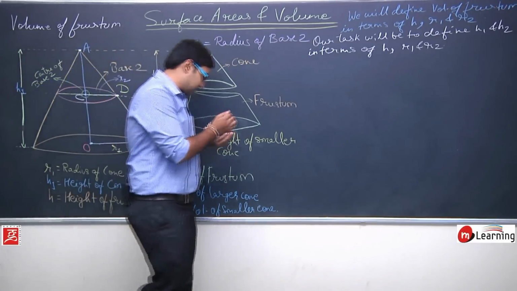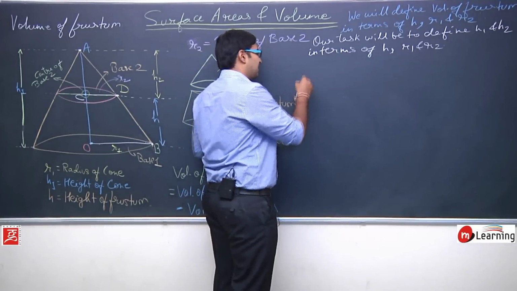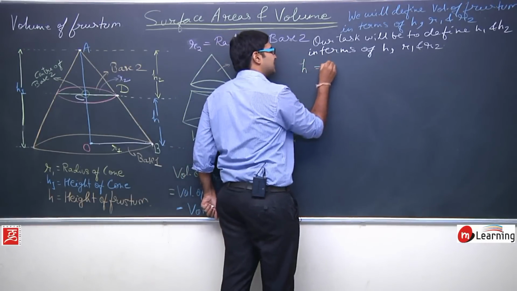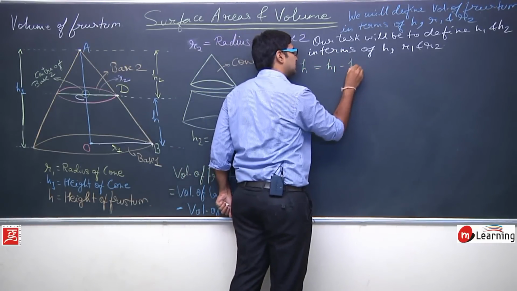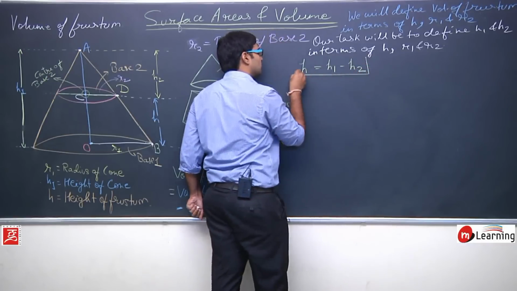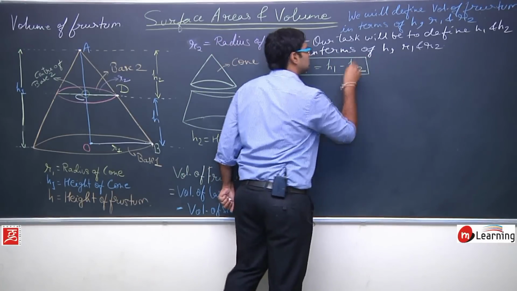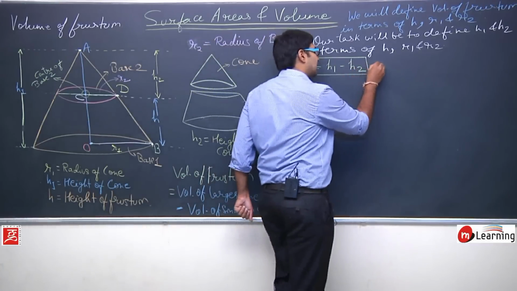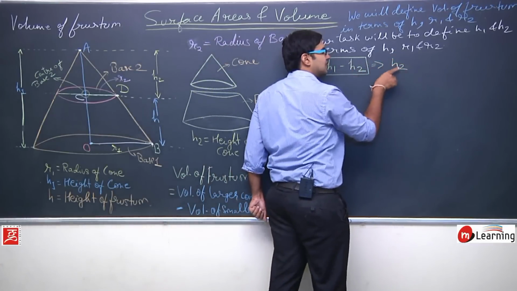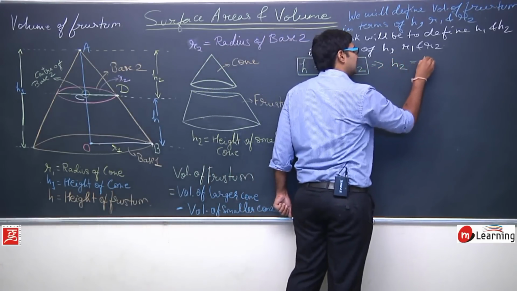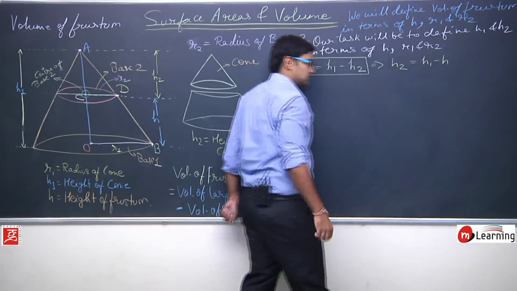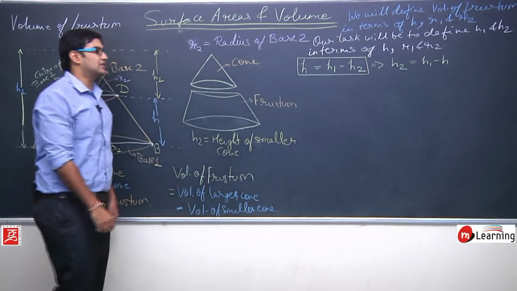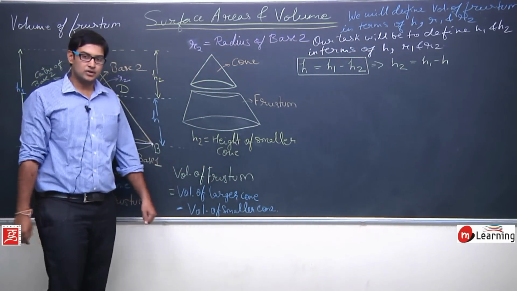So the height of the frustum H is H1 minus H2. So H equals H1 minus H2, or from this I can say that H2, the height of the smaller cone, is H1 minus H.